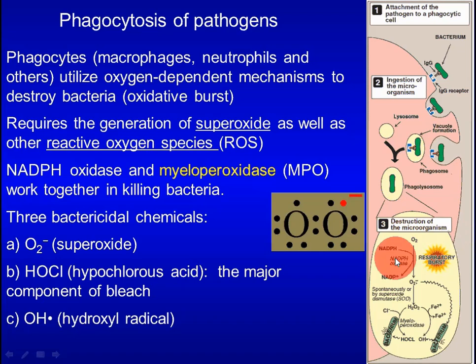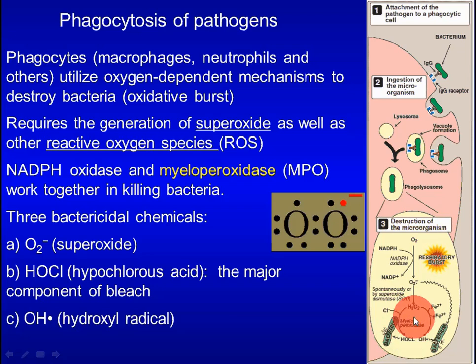First, NADPH oxidase that generates superoxide. Superoxide is converted to hydrogen peroxide, which is then converted to either hypochlorous acid or hydroxyl radical. Hypochlorous acid is the main component of bleach.